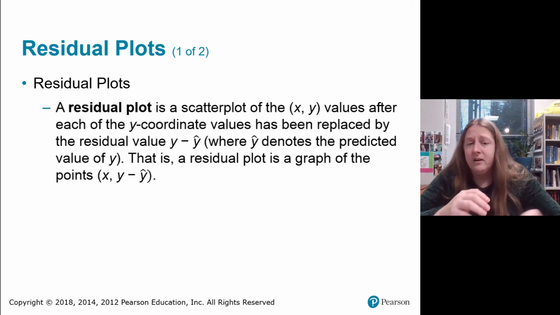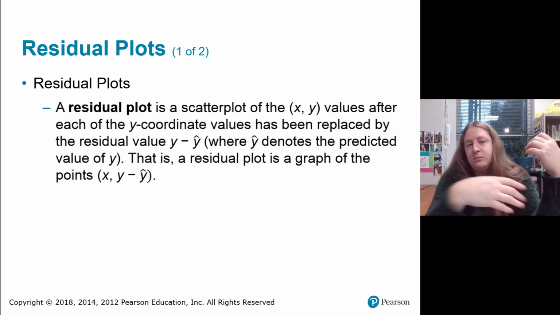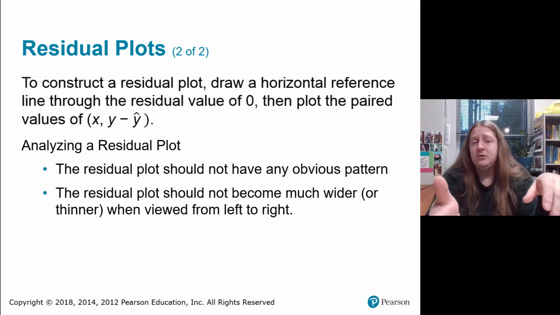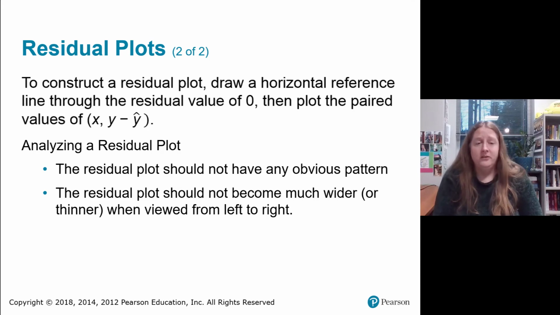So a residual plot is a graph of the points X and Y minus Y hat. To construct that, we need to find all of our residuals, make all of those points, and draw a horizontal reference line through the residual value of 0 so that we can easily identify which residuals are positive and which are negative.